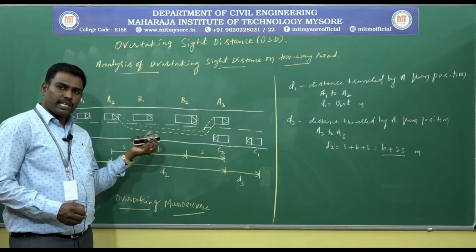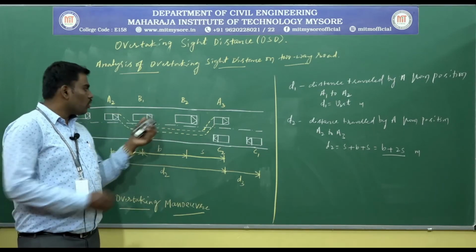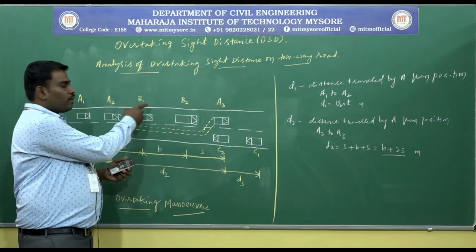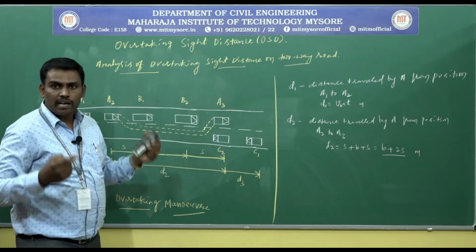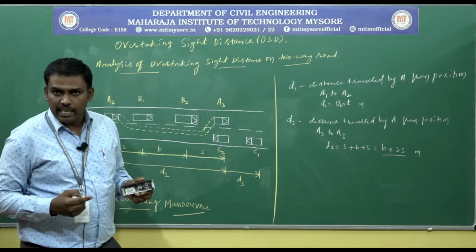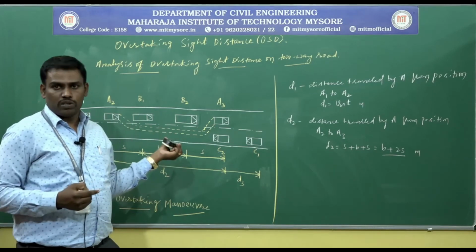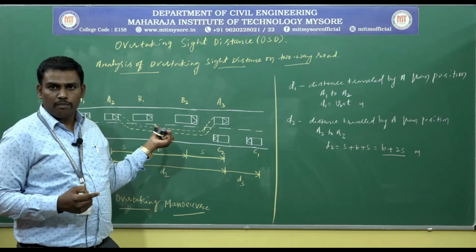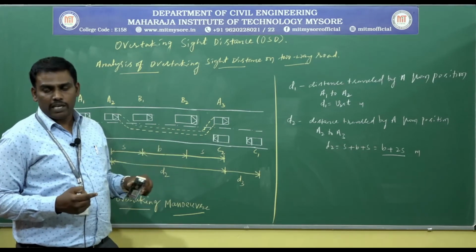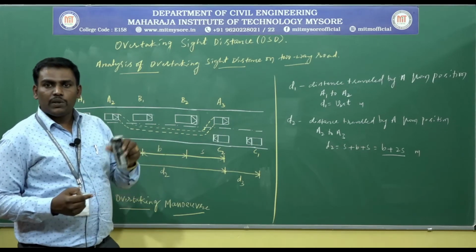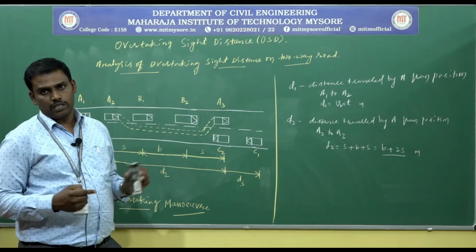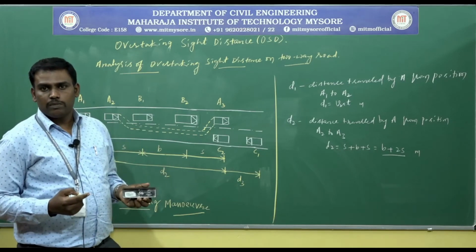That is VB meter per second. And what is the time to change the position from B1 to B2? The actual overtaking operation time, that is capital T seconds. Then B is equal to VB into T.